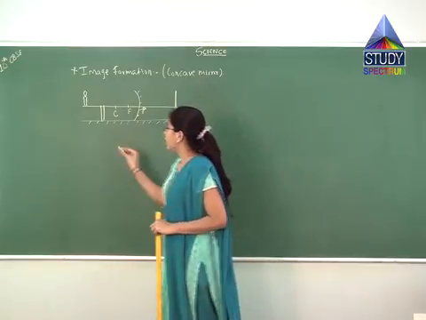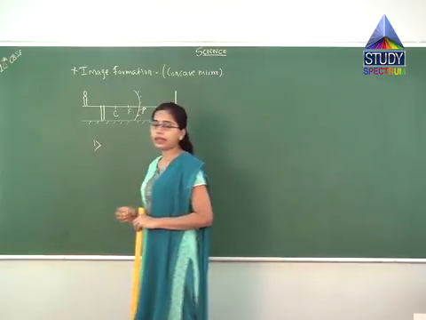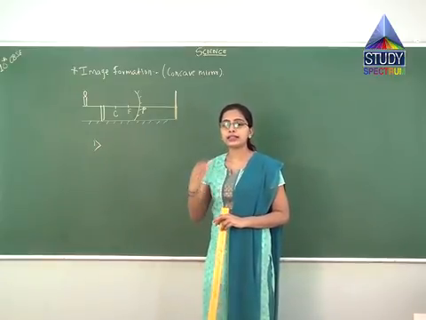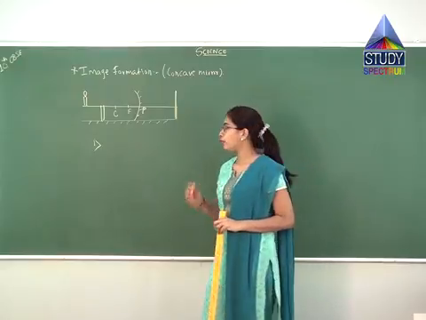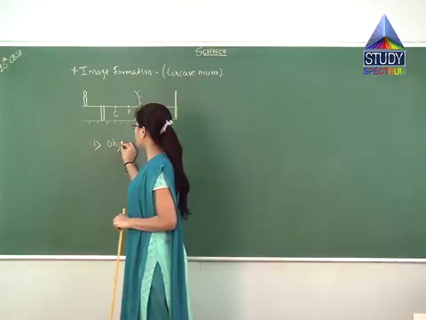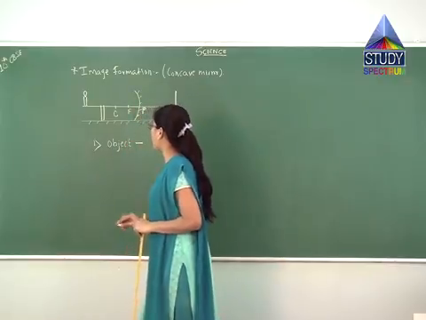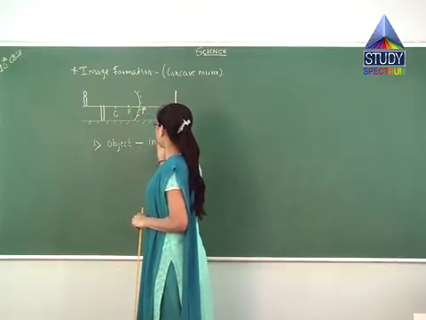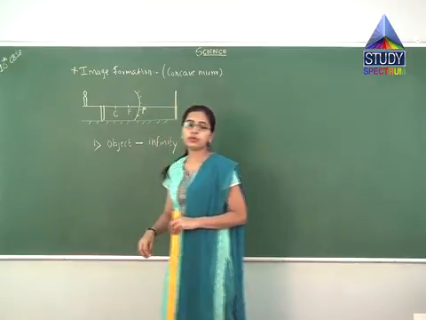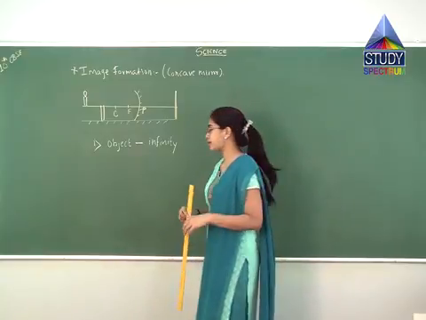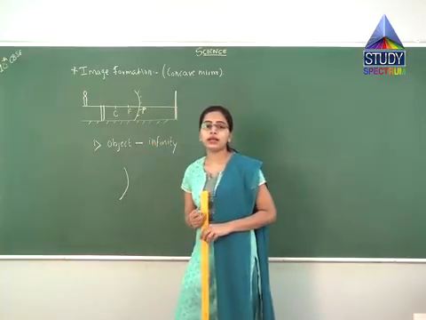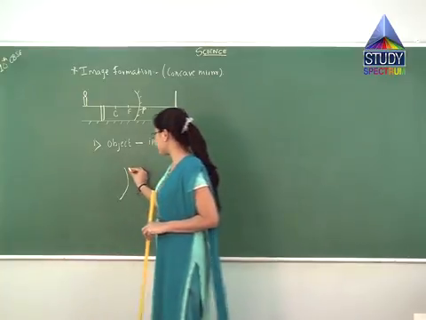Here the first case is that we put our object at infinity from the mirror. Means the object is kept at infinity. How will the image form? Let us discuss here. So here is our concave mirror.